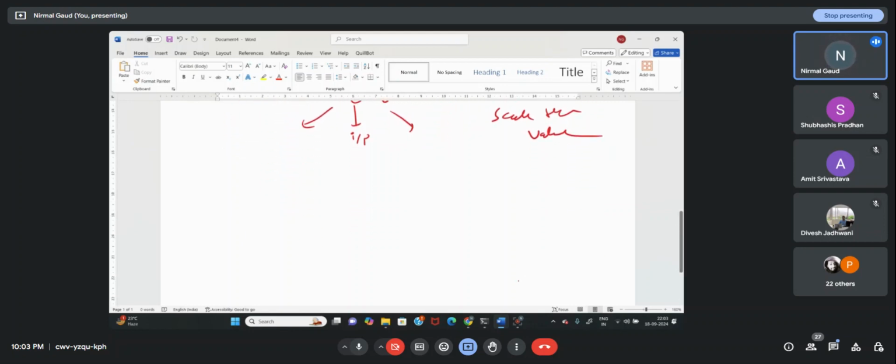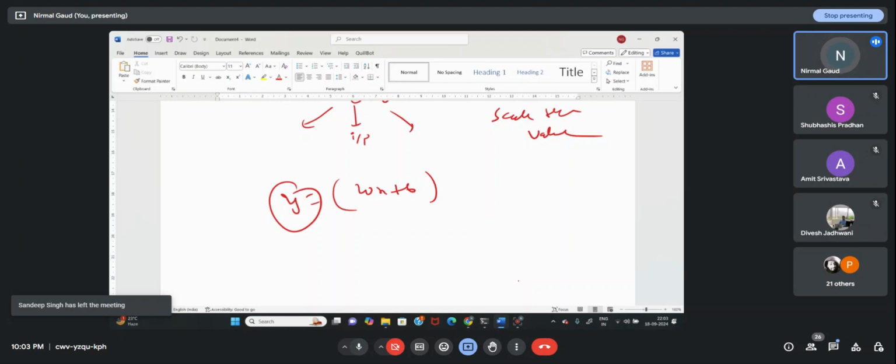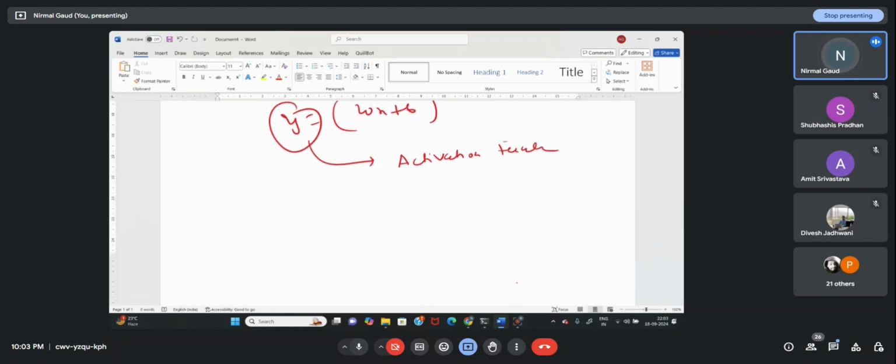And this is not the only thing we do: y equal to Wx plus b, whatever y we get, we give it to the activation function. There are many activation functions in deep learning which are non-linear, for example ReLU, sigmoid, tanh, etc. These are famous activation functions.